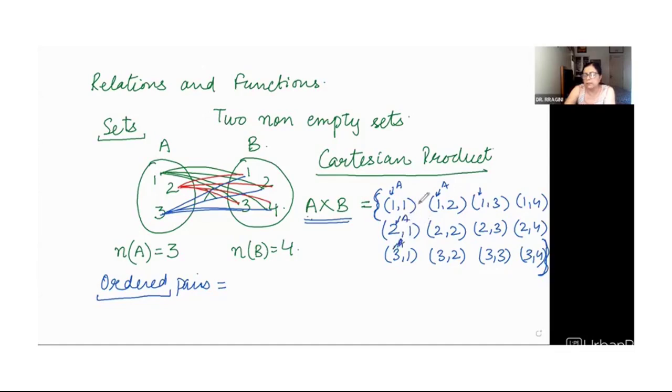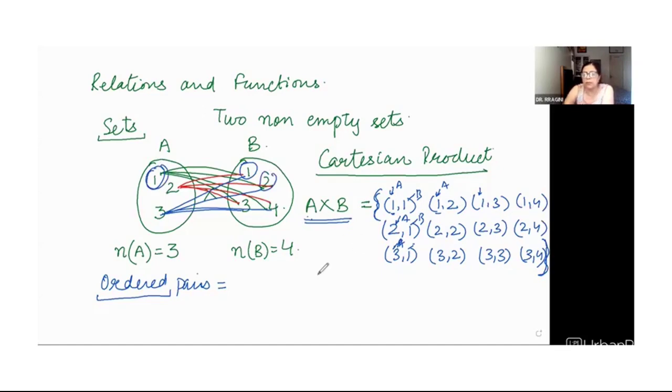And the elements at the second position are from set B. So in these brackets, we write the element of A, element of B, element of A, element of B, this way.